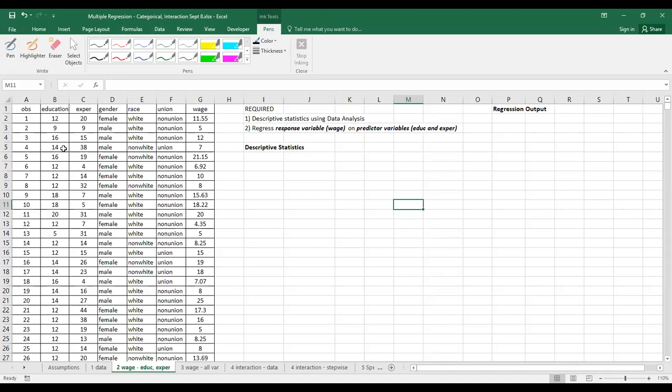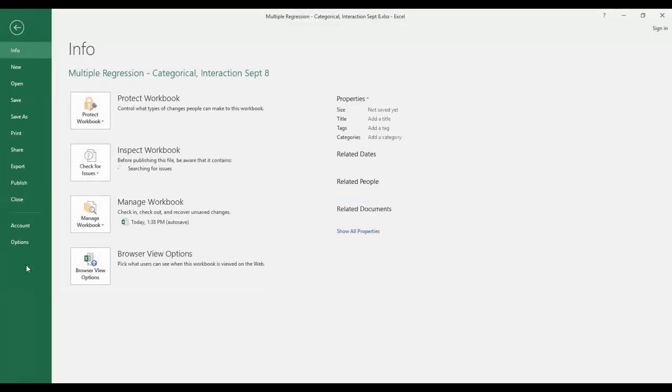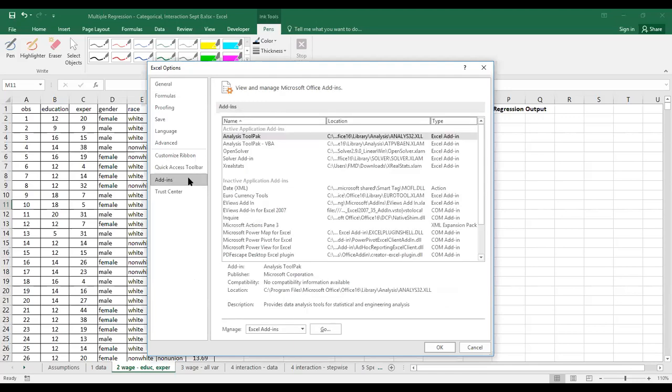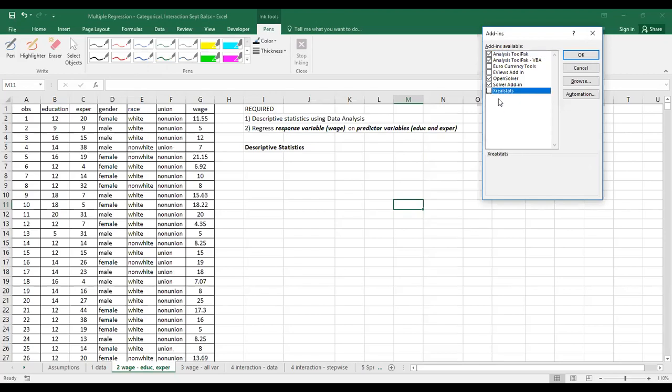So, in order to make it appear, what I do is go to File, Options. Since na-install ko na yan, andito na yan siya. No? Add-ins. Okay, andito siya. RealStats. But what I have to do is I have to first, here, go, unclick it.